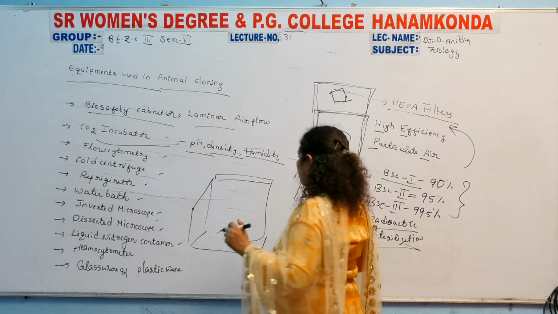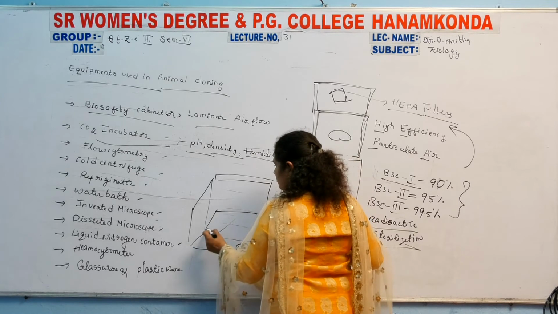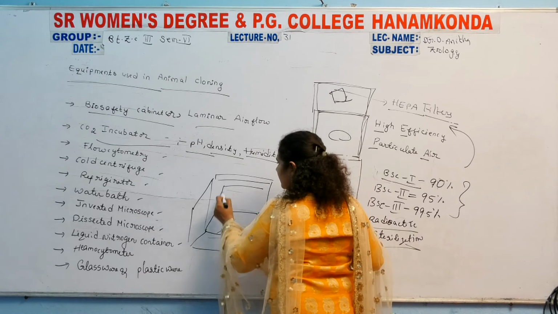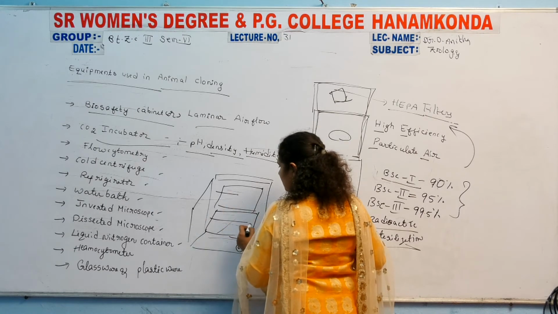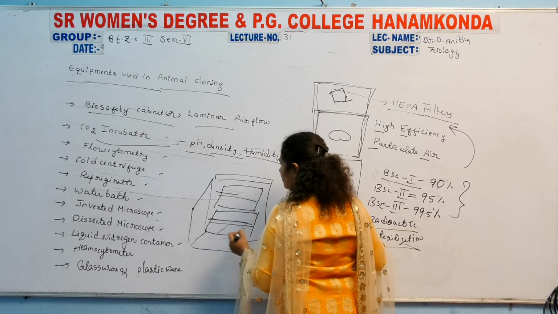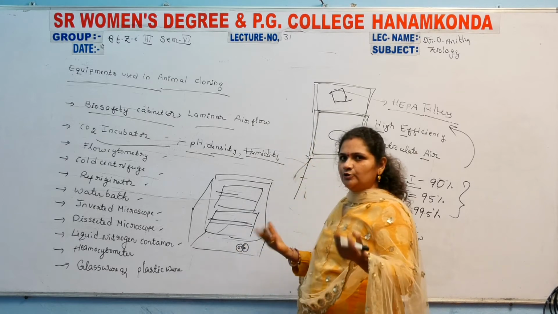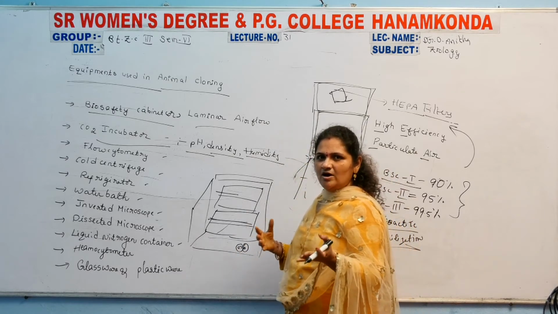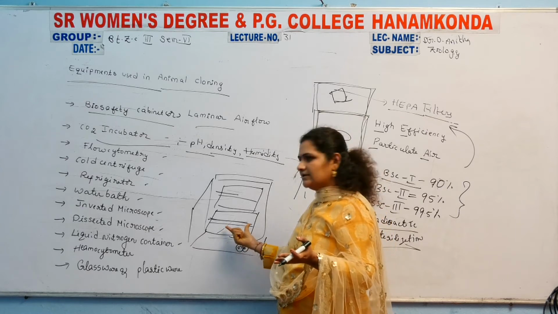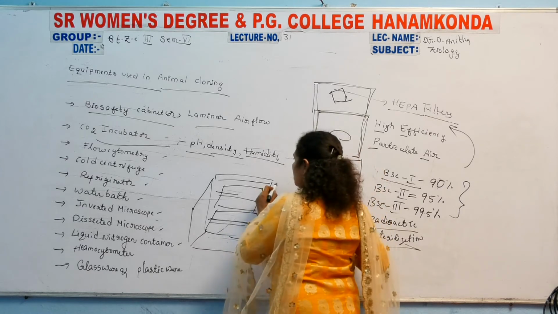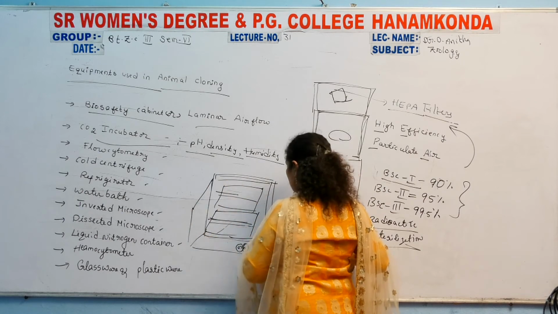Inside, silicon gaskets are provided here. These are chamber-like structures where we place any media, a culture tray, or anything else. This chamber has a door at the opening area.